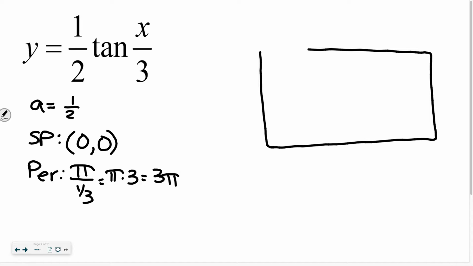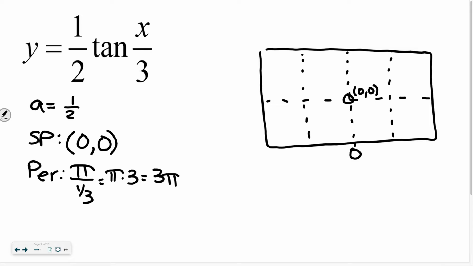Draw a frame. It still has 8 panes. Instead of putting 0, 0 on the left side of your frame, put 0, 0 in the middle.